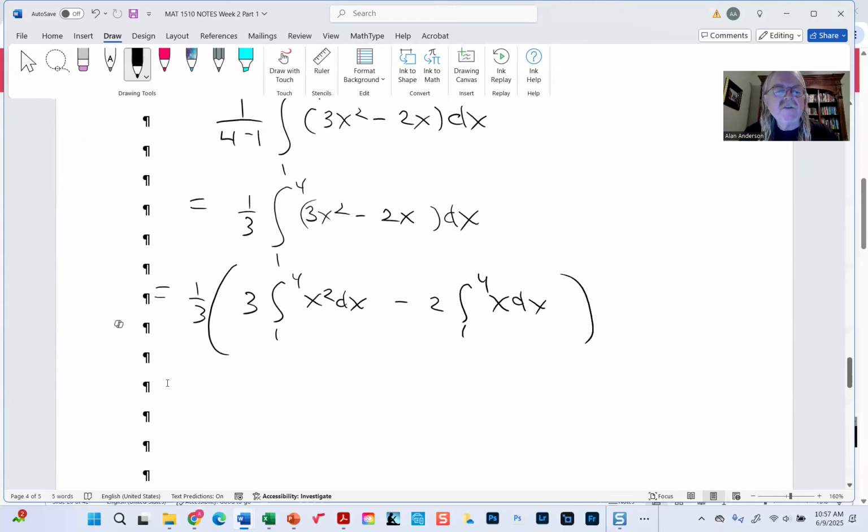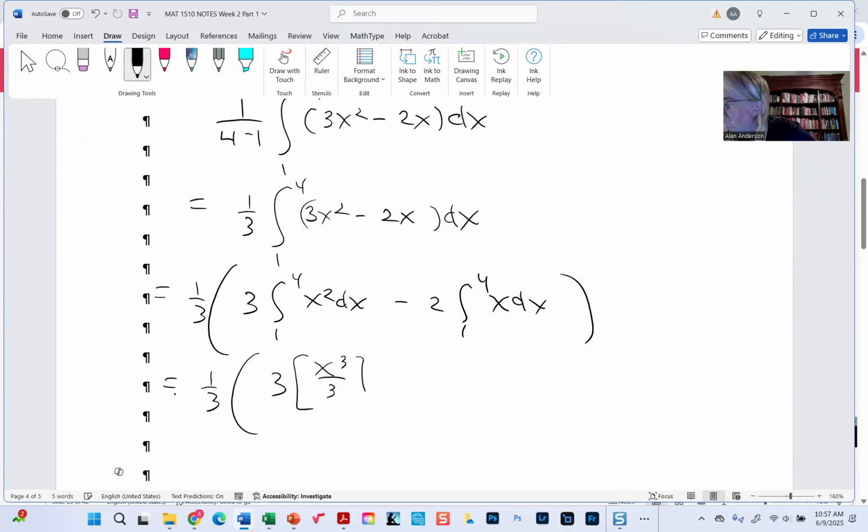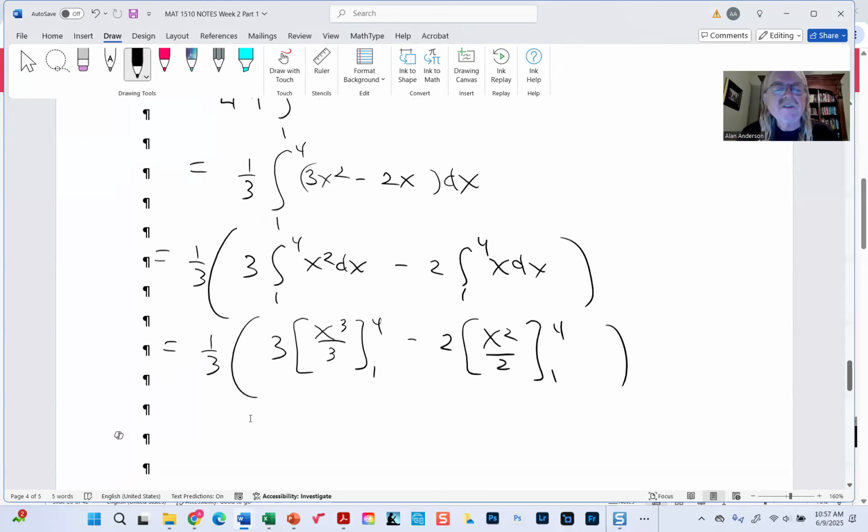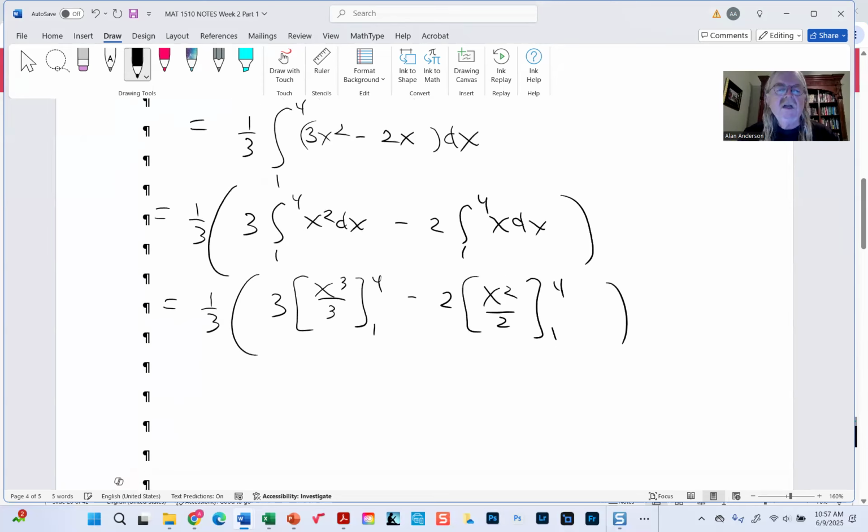And then we can actually evaluate them. Don't forget about the 1/3 on the outside, though. All right, and we can still simplify just a little bit more. And 1/3 is just simply x cubed. And here we simply have x.